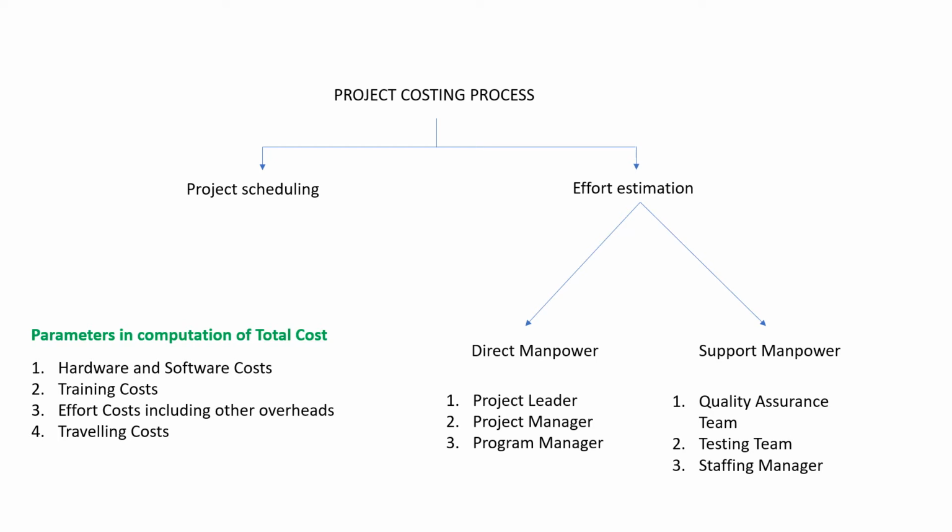Effort cost here does not directly mean salaries. There may be other direct costs like traveling expenses to the client's place, or stationery, or other direct costs which are directly related to the project.